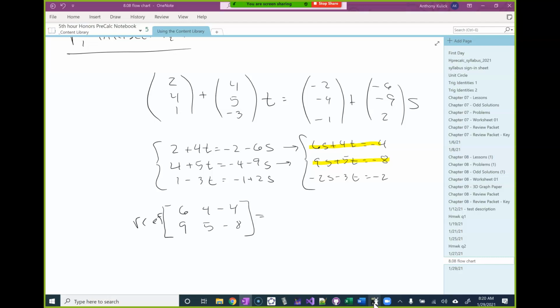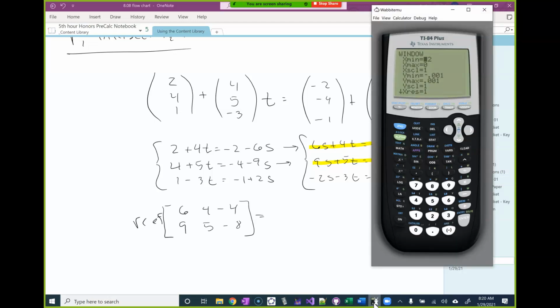I'm going to do the RREF function on the 2 by 3 matrix: 6, 4, -4, 9, 5, -8.